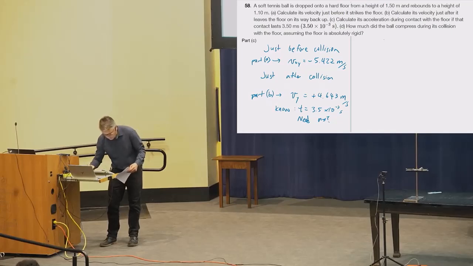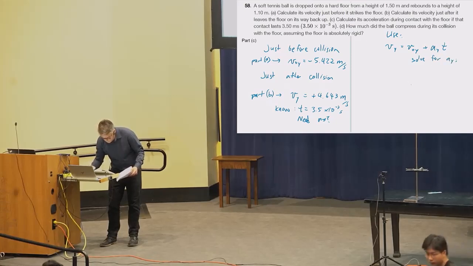Acceleration is question mark. So I'm going to use the simple equation, Vy is equal to V initial y plus ay times t, and solve for acceleration. So I get Vy minus V0y is equal to a times t.